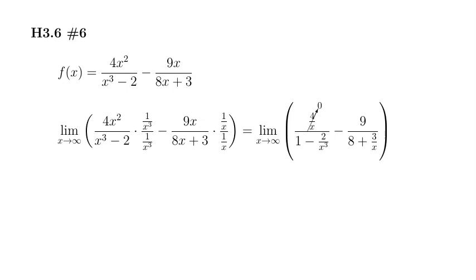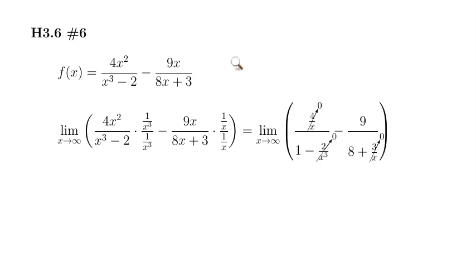The same deal for 3 over x: it approaches 0 because 3 divided by a really big number is very close to 0.